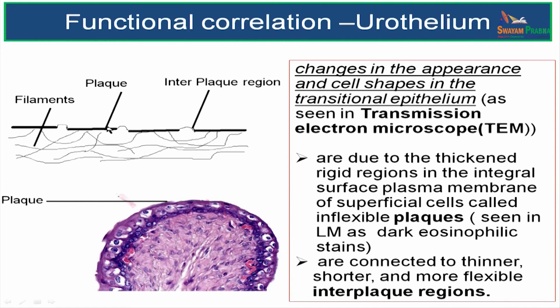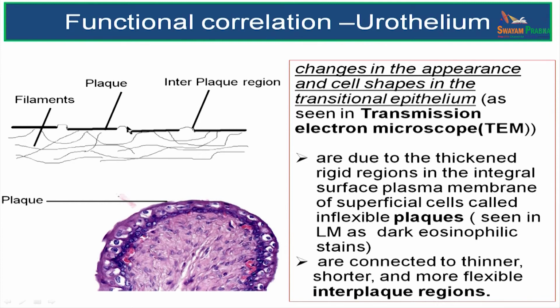These are visible only in a transmission electron microscope. How do they look under a light microscope? They look like dark eosinophilic stains. Can you see this? These dark eosinophilic stains are nothing but the plaques. So, plaques are the thickened regions in the surface plasma membrane of the superficial cells.